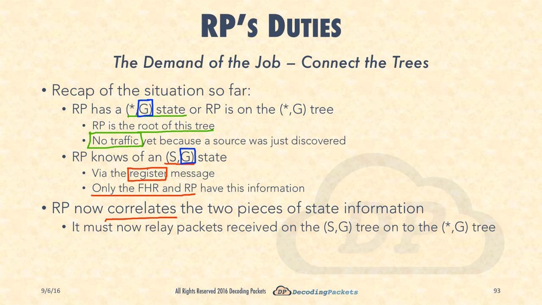So first it has to receive those packets, and we'll see. But it must relay any packets that it receives on the S comma G tree onto the star comma G tree because there are interested receivers. And if this is not gelling yet, just give it a little bit more time. Let's go through the lecture, and by the end of it, I think you'll feel much better about it.